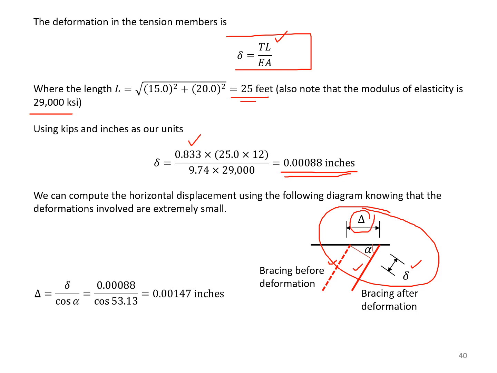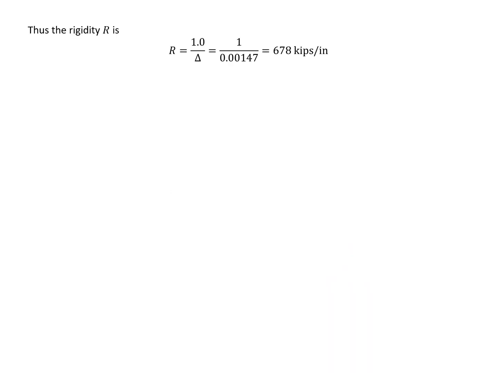So capital delta is little delta divided by cosine alpha, and cosine alpha is 0.6, and you have therefore the horizontal movement of this frame as 0.00147. So how do I find the rigidity? Just take 1 divided by the delta that you just computed, so that's the rigidity.